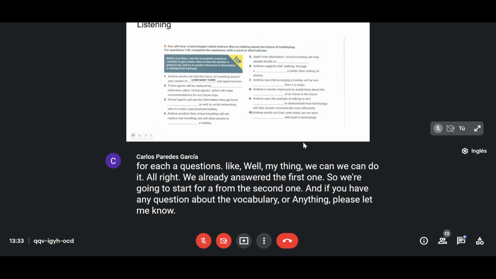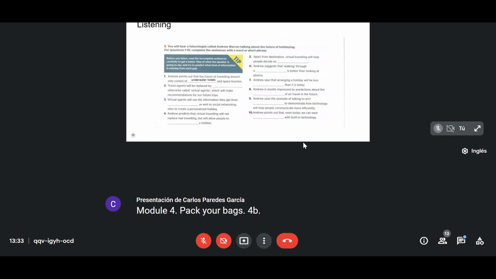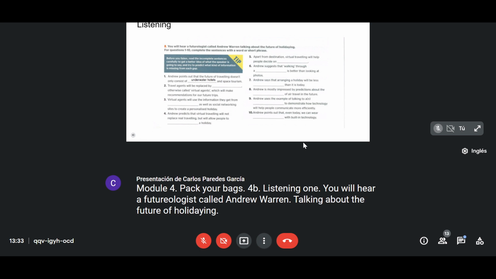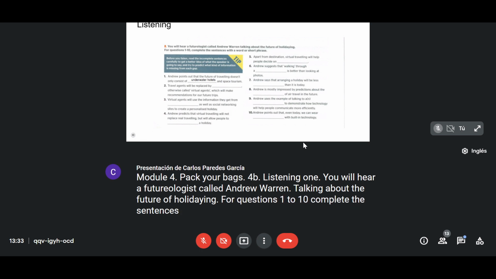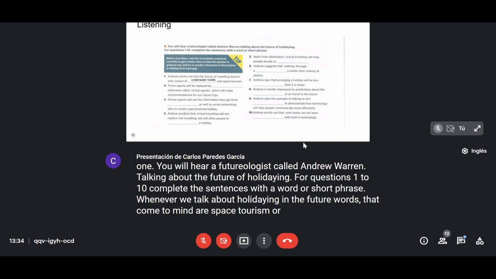Module 4. Pack your bags. 4B. Listening 1. You will hear a futurologist called Andrew Warren talking about the future of holidaying. For questions 1 to 10, complete the sentences with a word or short phrase. Whenever we talk about holidaying in the future, words that come to mind are space tourism or underwater hotels.